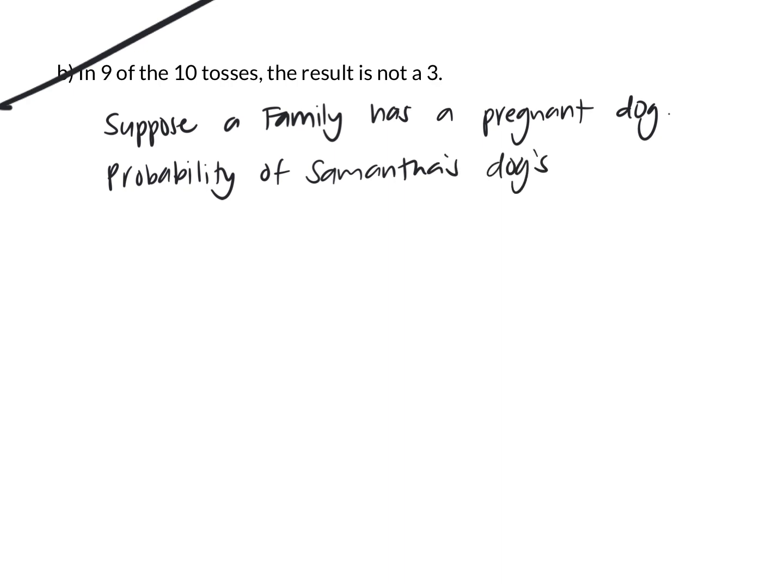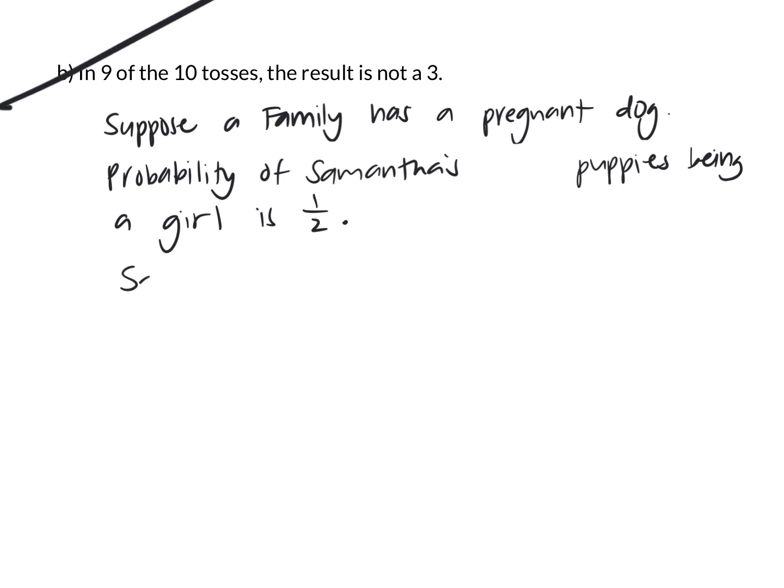The probability of Samantha's puppies being a girl is 1/2. Okay? Let's say Samantha had how many puppies? 8. Samantha had 8 puppies.